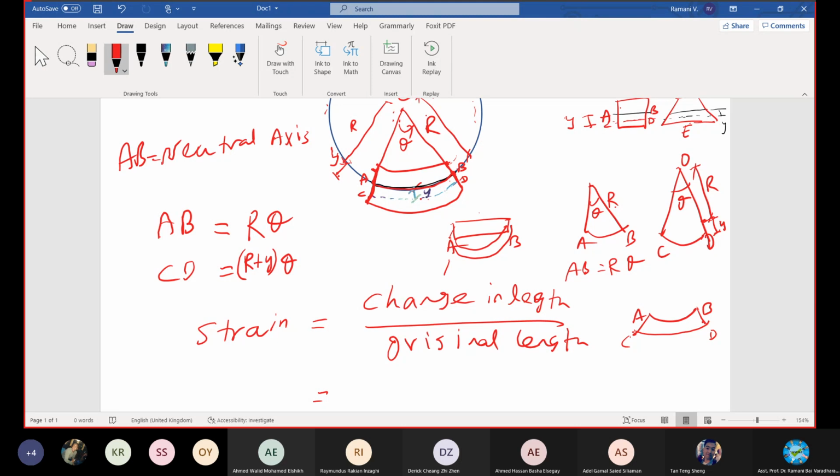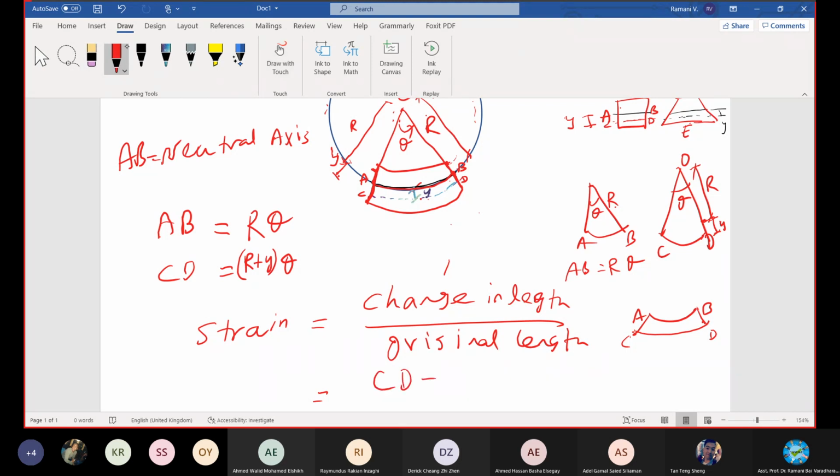So the change in length can be obtained by calculating the difference between AB and CD, right? So change in length is given by CD minus AB, a very simple one if you think.